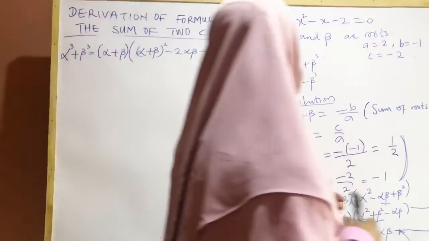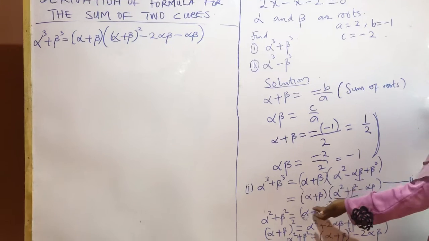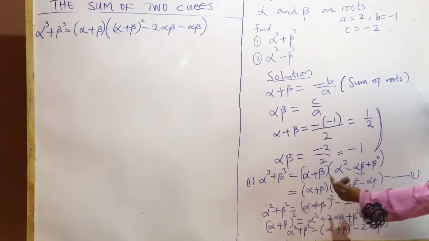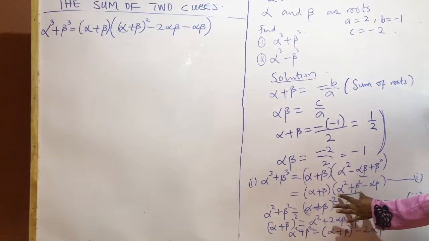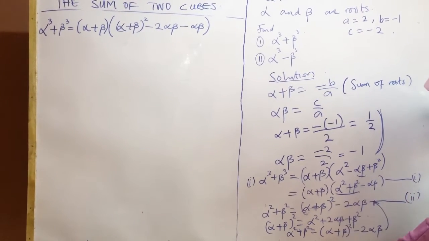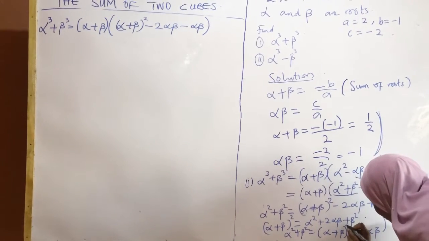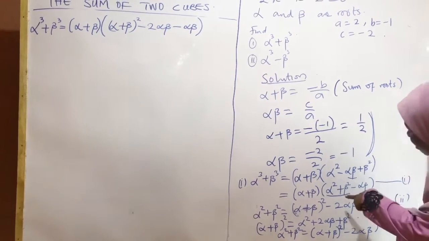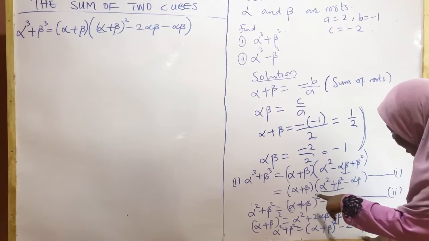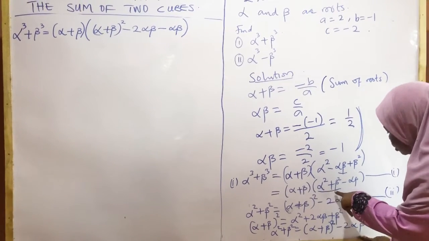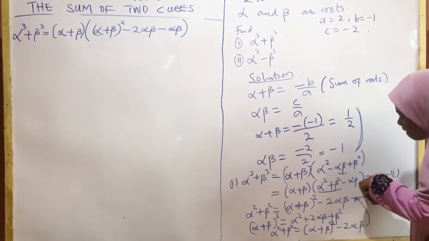That is the sum of two cubes, which is equation 1, alpha plus beta. Bracket it, then open another bracket, alpha squared plus beta squared. And this alpha squared plus beta squared is the same thing as alpha plus beta, everything squared, then minus 2 alpha beta. After substituting it here, you will have alpha plus beta squared minus 2 alpha beta, then you complete it with minus alpha beta.